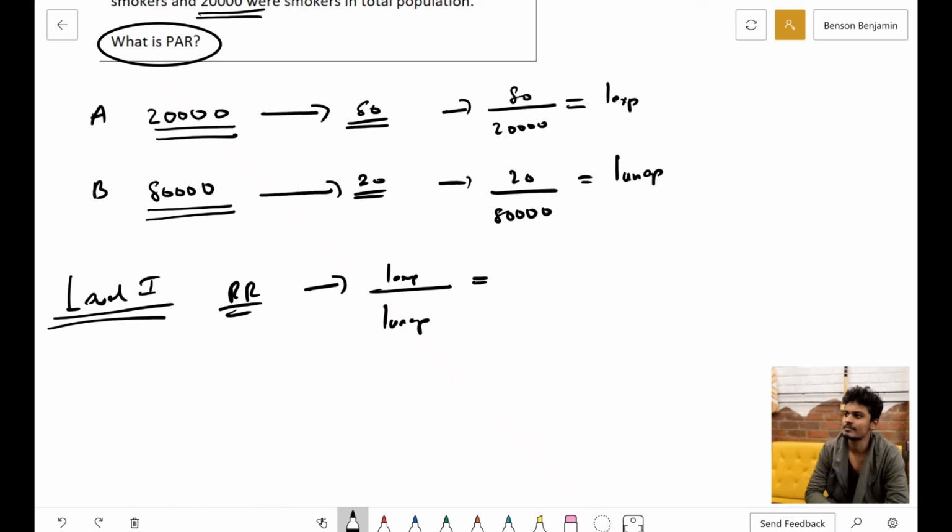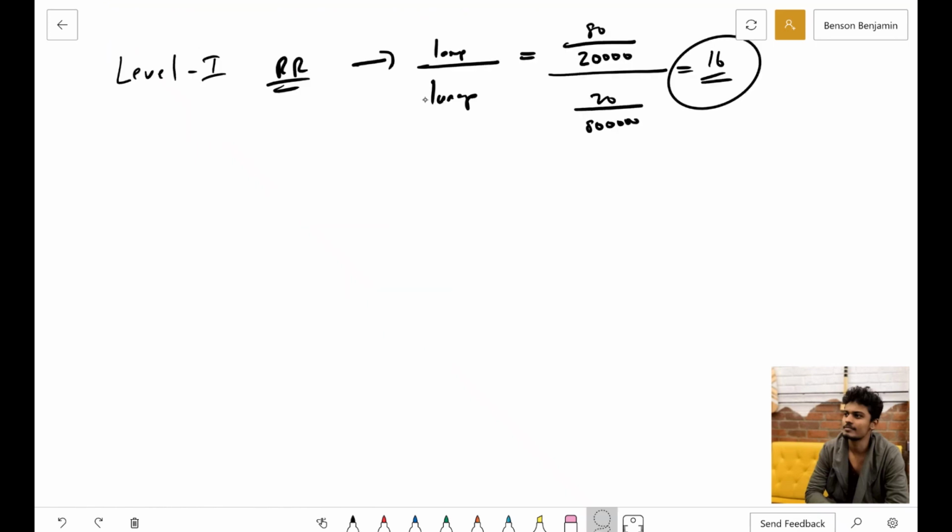That is 80 divided by 20,000, divided by 20 divided by 80,000. That will give you the relative risk. If you calculate this out, I think it is 16. Just calculate and see, I'm not sure about that. So that is the relative risk.